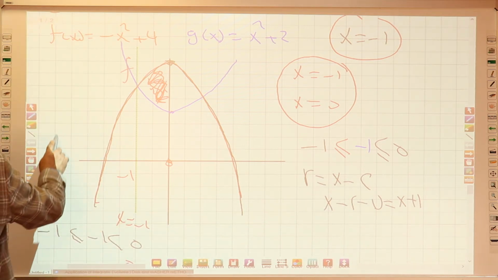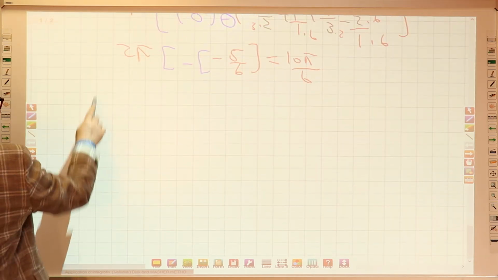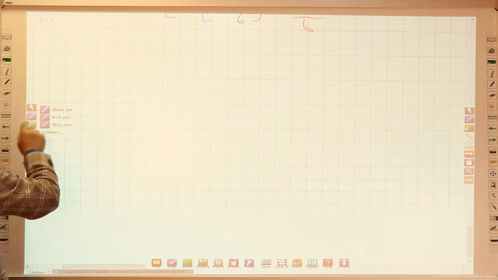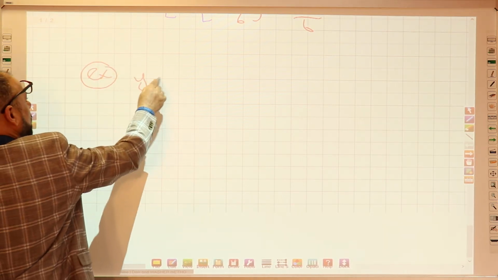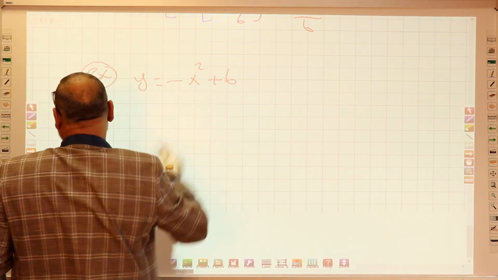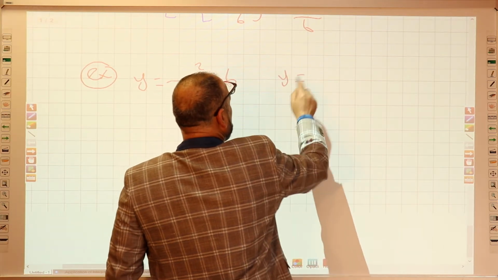One more example. Now I have two functions: y equal negative x squared plus 6, and y equal 2.